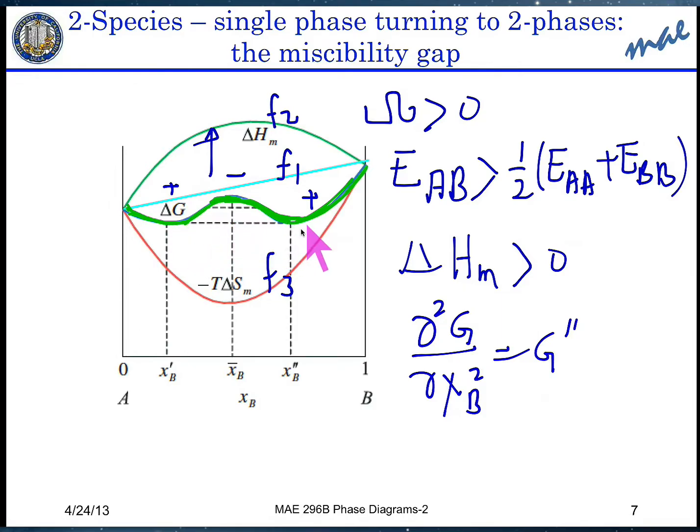One has this concentration, xB double prime, and one has this concentration, xB prime. This will constitute a new phase that is rich in water, and this will constitute a new phase that is rich in sugar. So the sugar will be very high concentration in this region and low concentration in here, and vice versa. And that is the idea of phase separation and the miscibility gap that we are talking about.